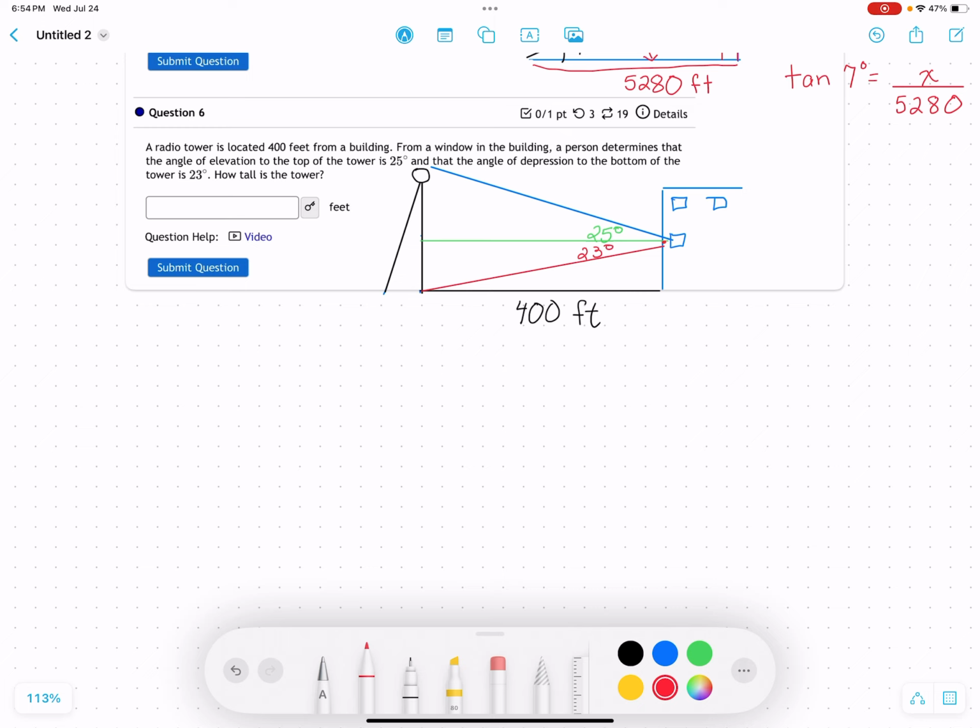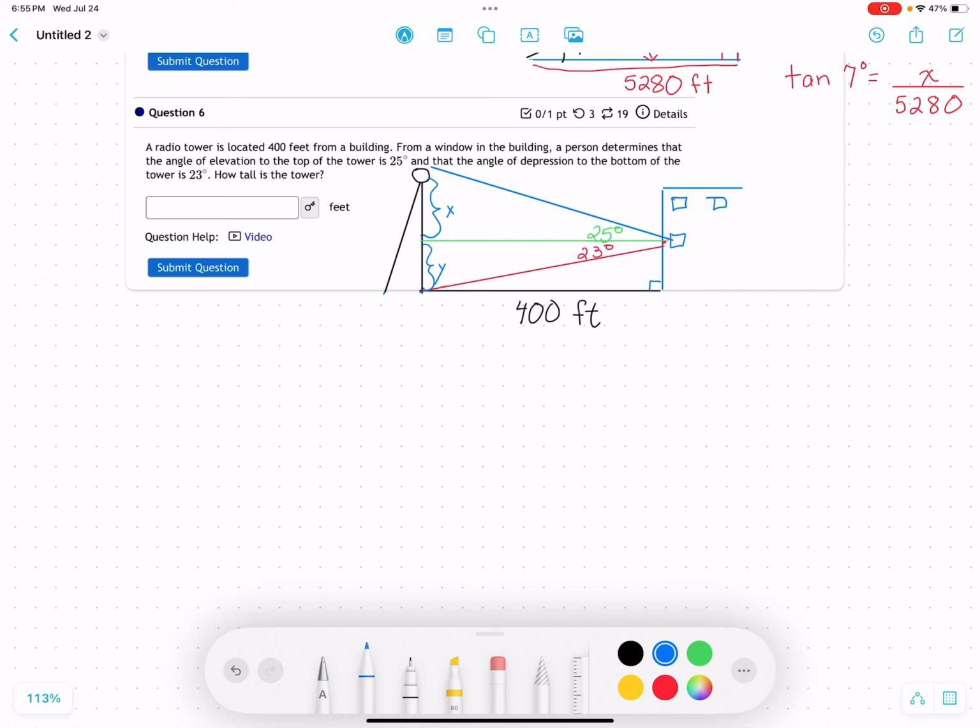What we have here is a great example of two triangles that we need to use in order to solve this. I am going to call this distance x and this distance y. Also keep in mind that at the bottom here, I've got this triangle.